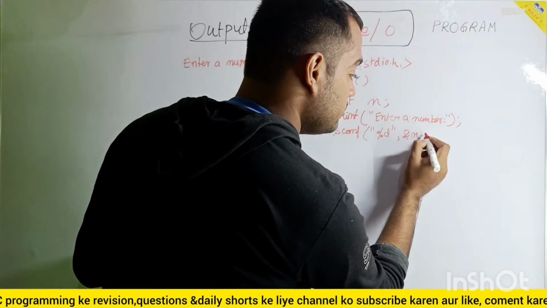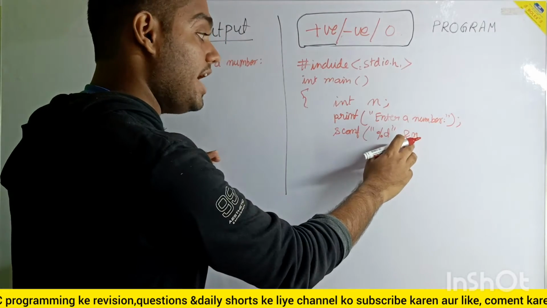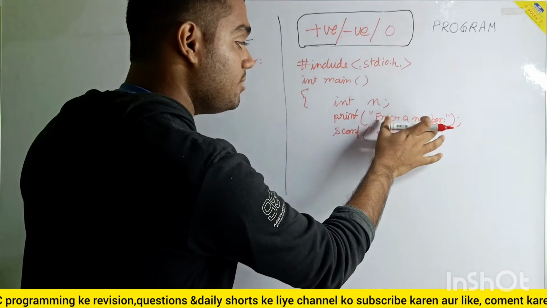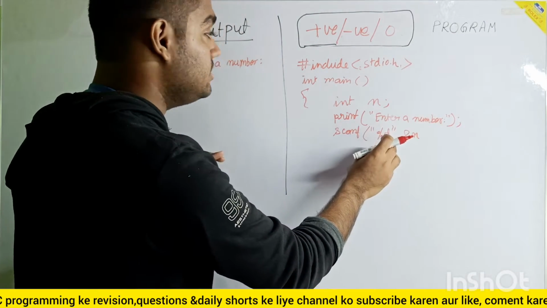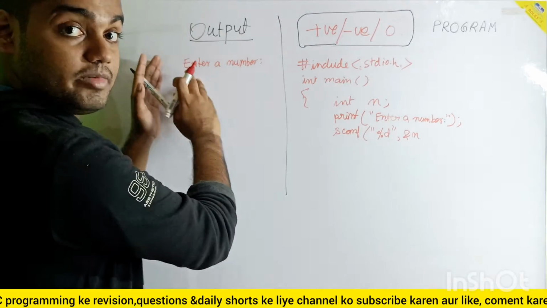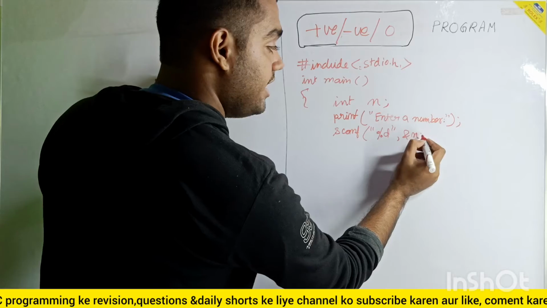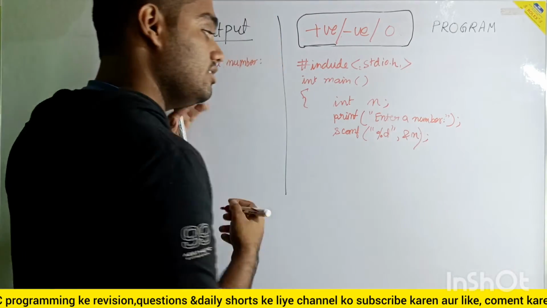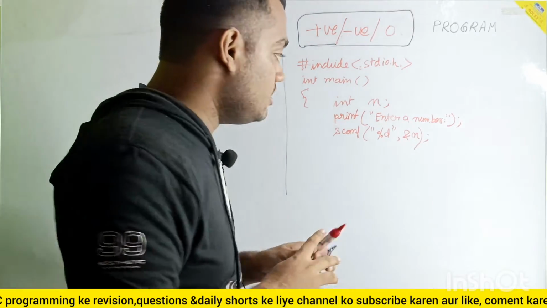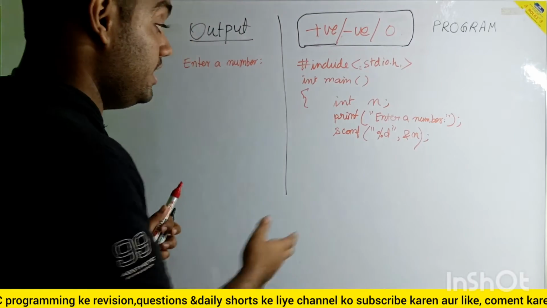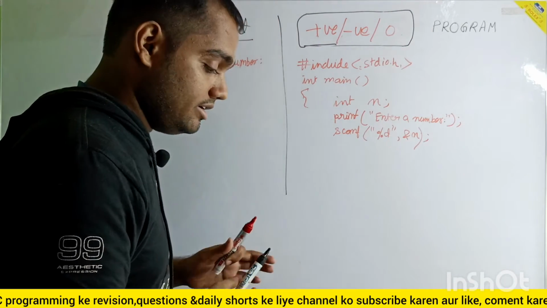So we get a number in this %d, which will be stored in n. Right, easy. So we did it.